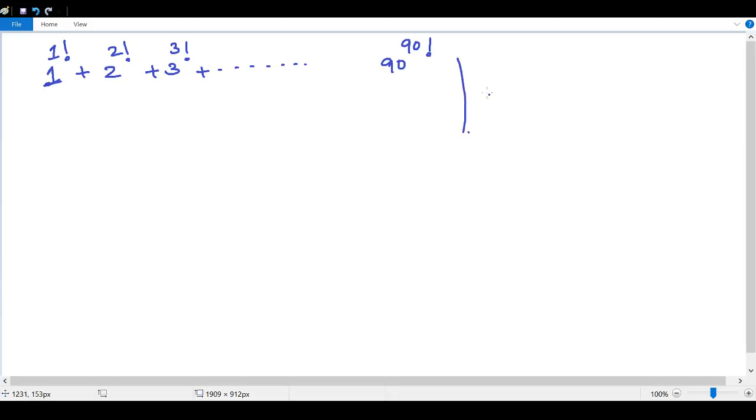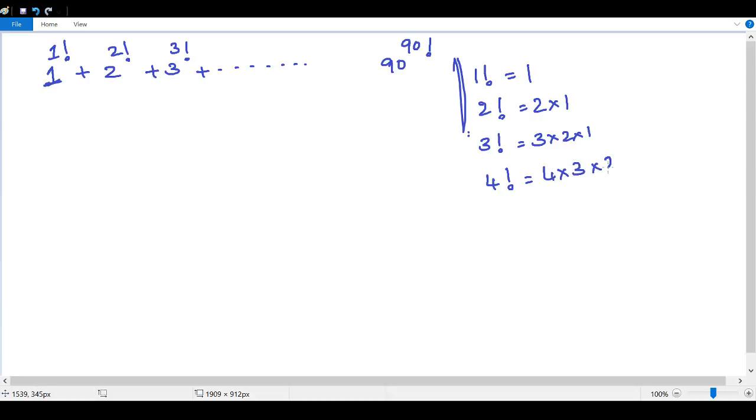Now, what do you mean by factorial? When you say 1 factorial, it is 1. When you say 2 factorial, it is 2 into 1. 3 factorial is 3 into 2 into 1. 4 factorial is 4 into 3 into 2 into 1. 5 factorial is 5 into 4 into 3 into 2 into 1.